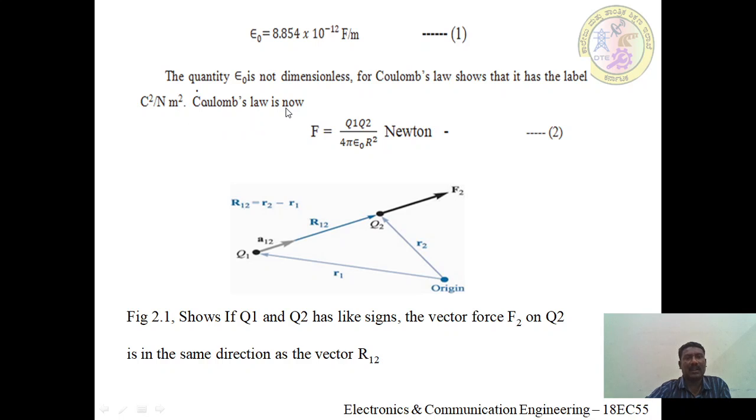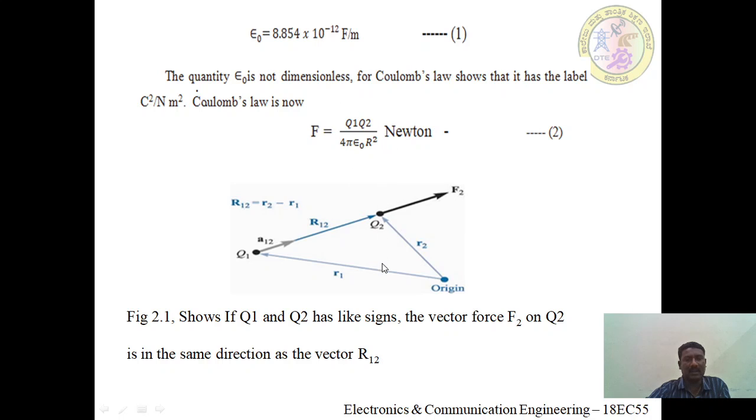Then Coulomb's law, as we now defined it, after substituting the value of K, is F equal to Q1 Q2 divided by 4 pi epsilon naught R squared newtons. Here, the force between charge Q1 and charge Q2 is given by this formula.